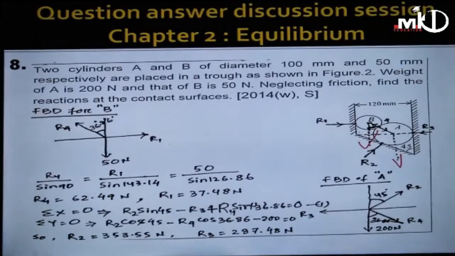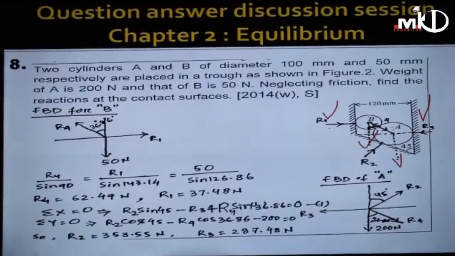Here the contact surfaces are: this is point A, here R1, the first contact surface of B with the wall. Here is another contact surface, R3, and this is the point of support B. The first roller is providing a reaction on the second cylinder, and A on B in return, so these two reactions are equal and opposite.